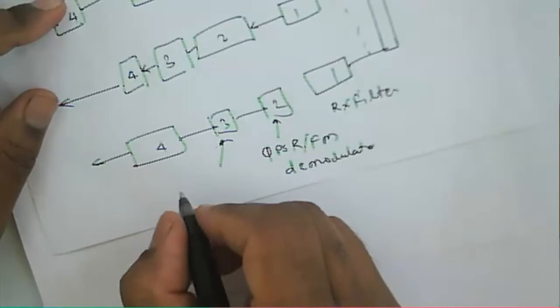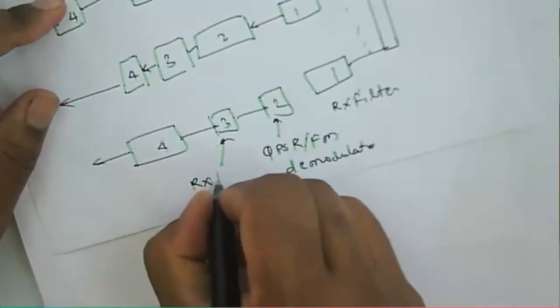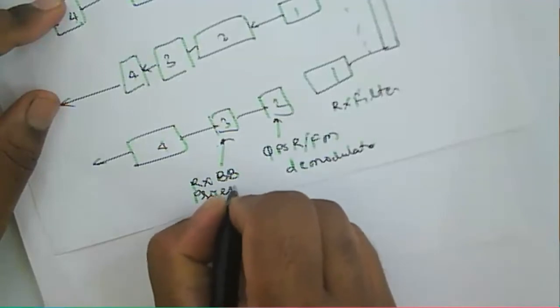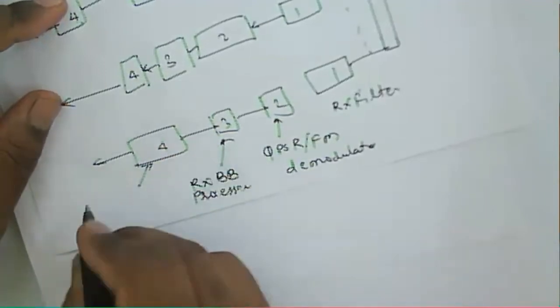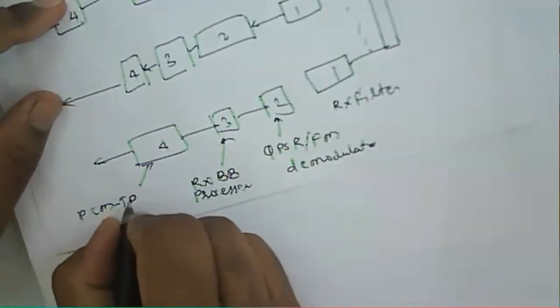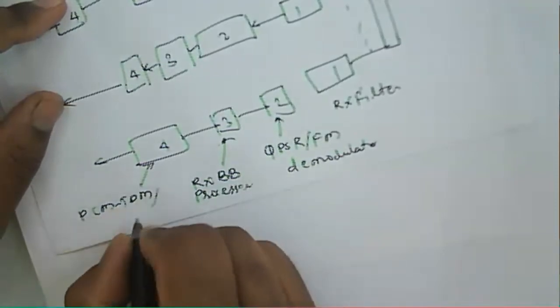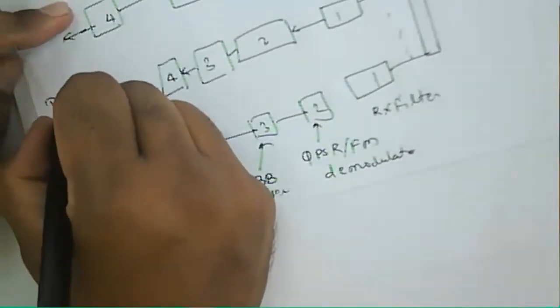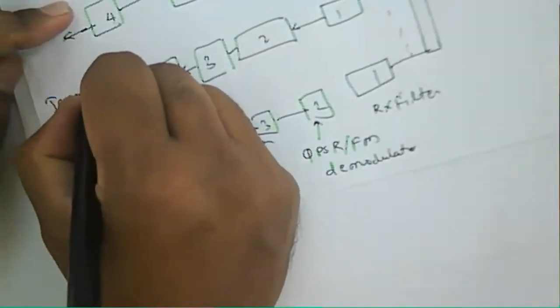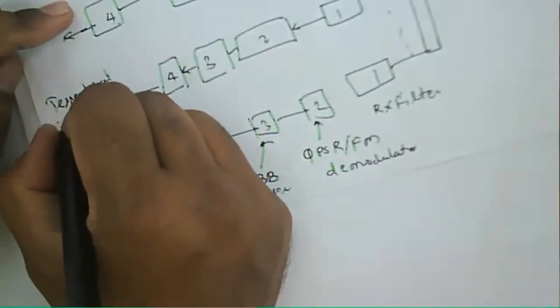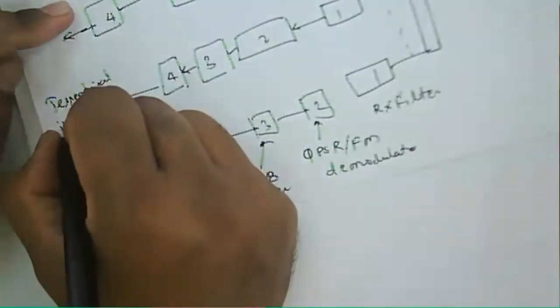Then this three is a receiver baseband processor. And this four is the PCM, TDM, FDM. And then it goes to the terrestrial input, or interface.